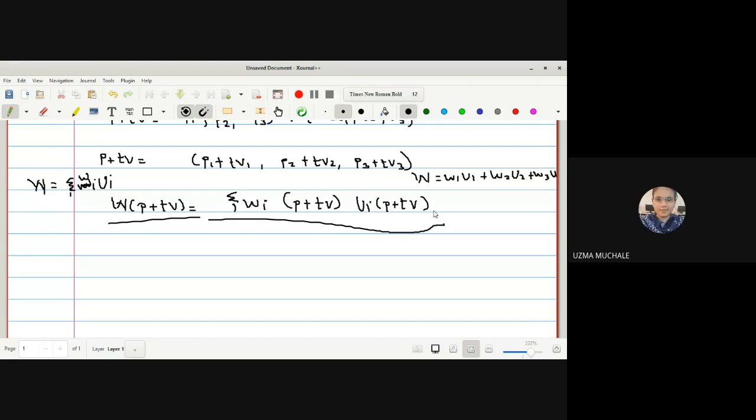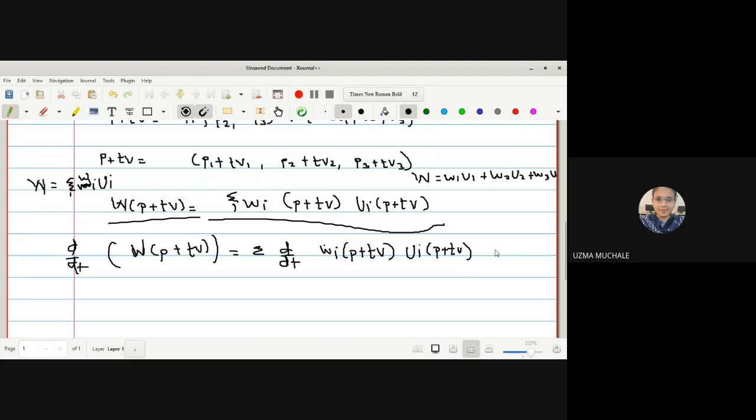Okay. Now what is the next step? You have to just find out the derivative. So you have to find out the derivative with respect to t. That is d by dt of W of P plus TV, which is equal to, now if you are going to differentiate, this summation will be as it is, d by dt of Wi of P plus TV and Ui of P plus TV at t equal to 0.